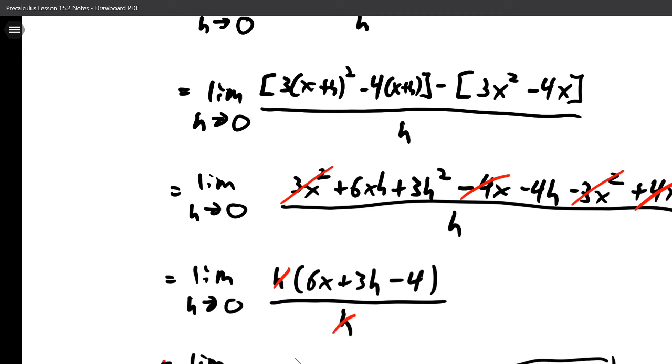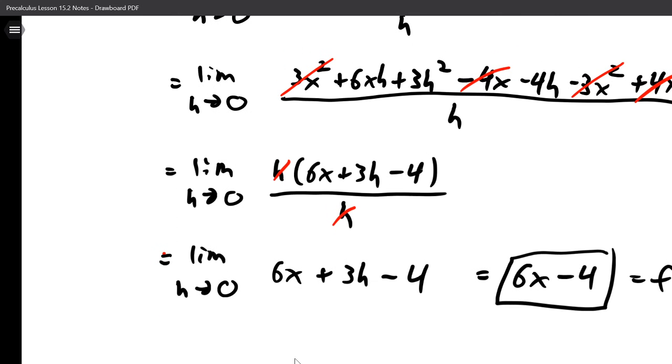That is my f prime of x, which again means this is a function that will calculate the slope of the original graph.